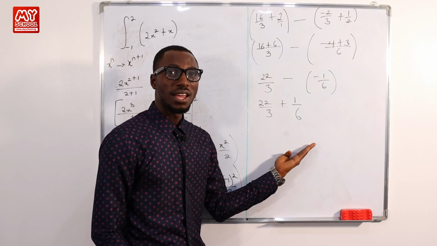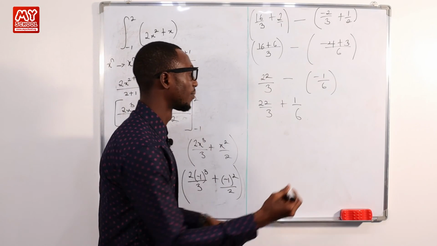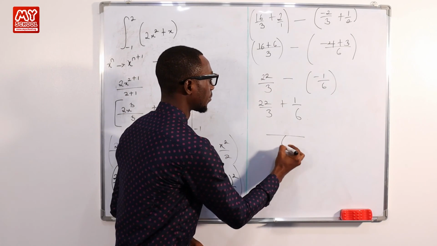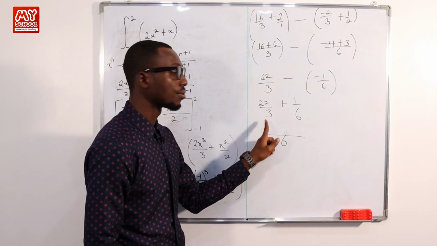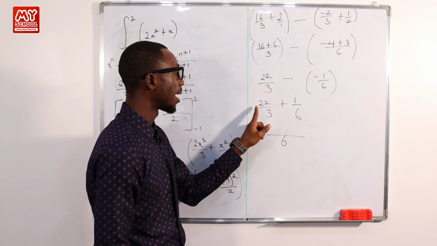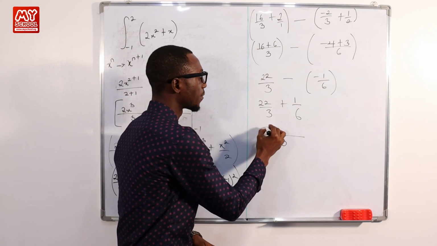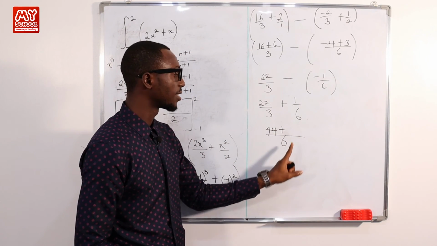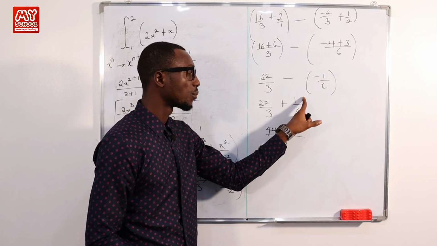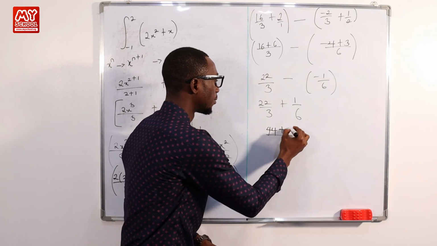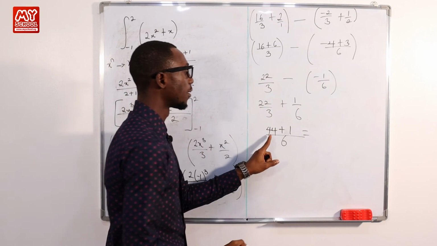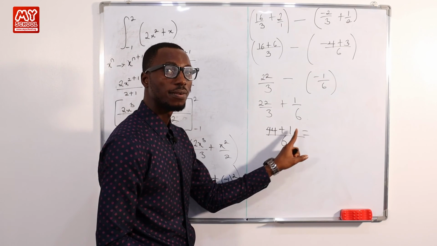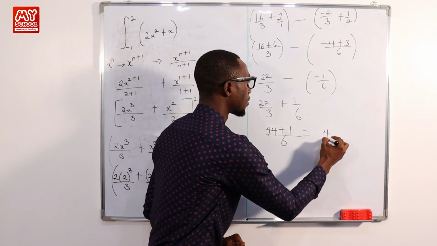So we find the LCM once again, which is 6. 3 through 6, that is 2 times 22, that gives us 44, plus 6 in 6, that is 1, times 1, that gives us 1, which equals 44 plus 1, that is 45 over 6.